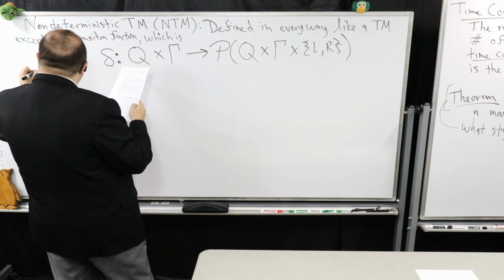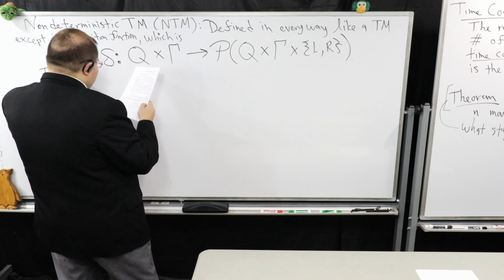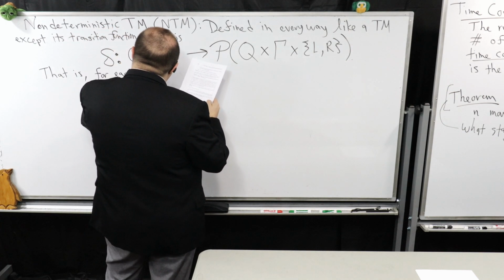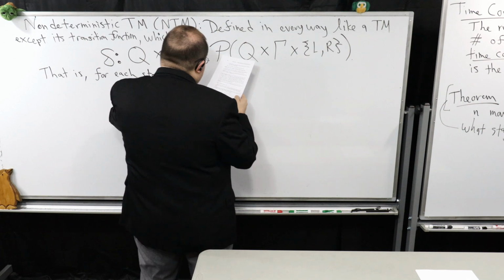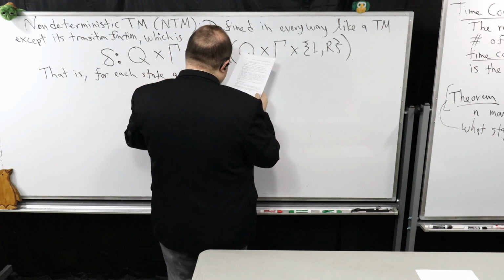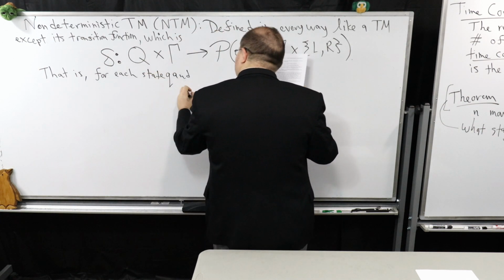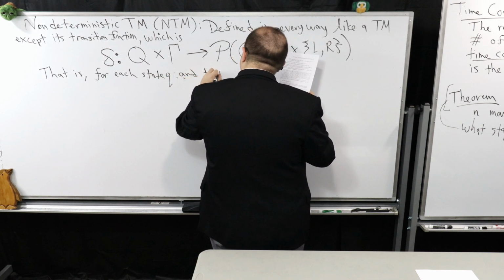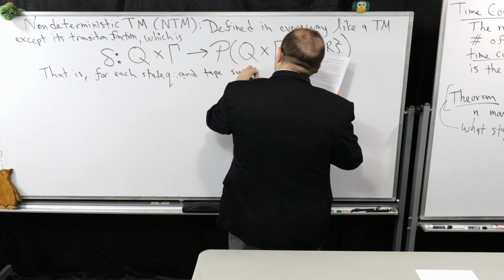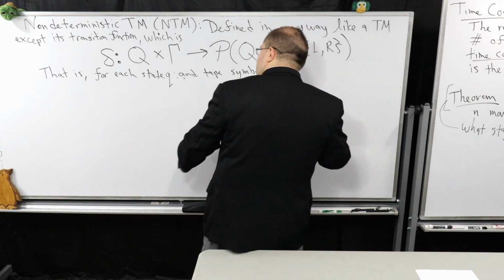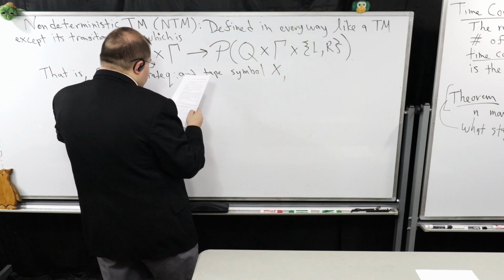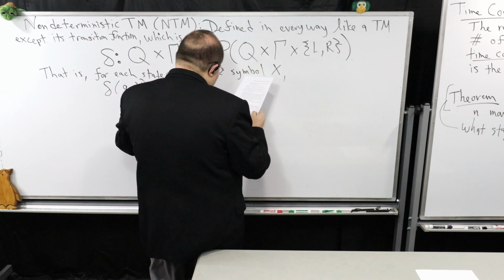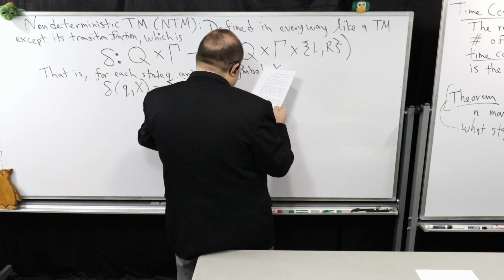So just to be clear what I mean by this, that is for each state and tape symbol, we'll call it state Q and tape symbol X, we're going to say delta of Q, X is going to be equal to a set. So now it's a set of triples we're going to have.